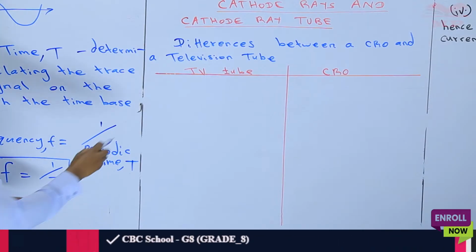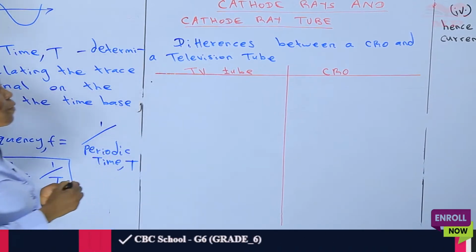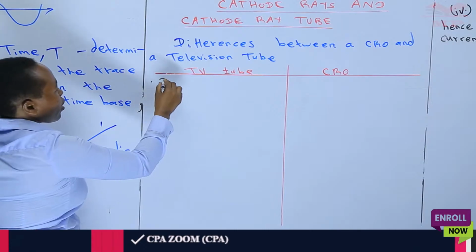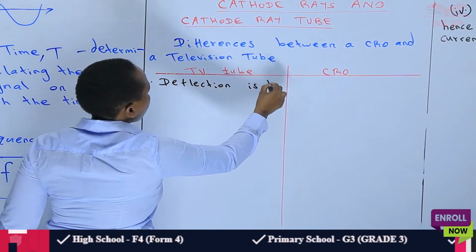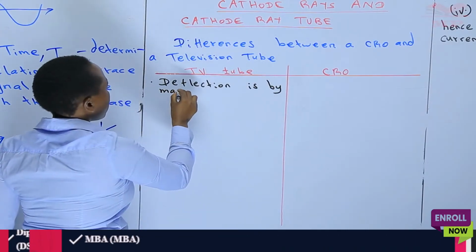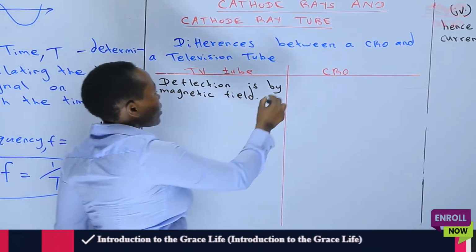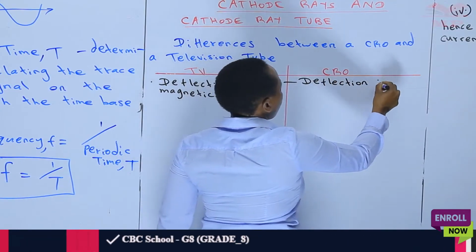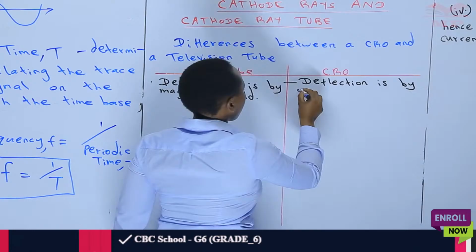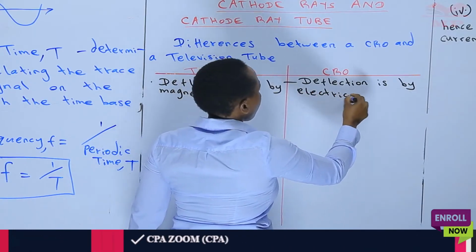One of the differences: for a television tube, the deflection is by magnetic field, whereas in a CRO, the deflection is by electric field.